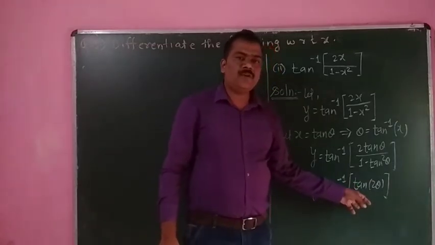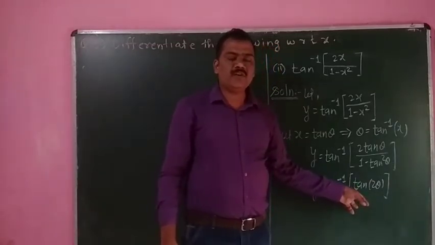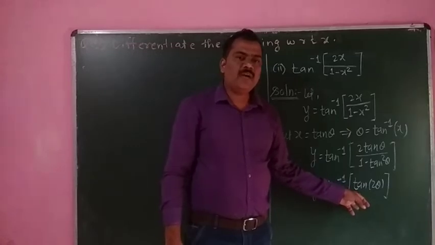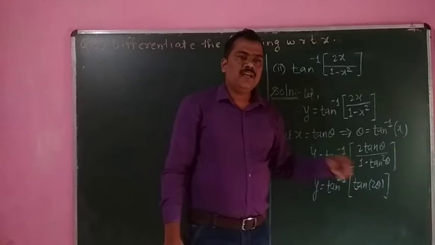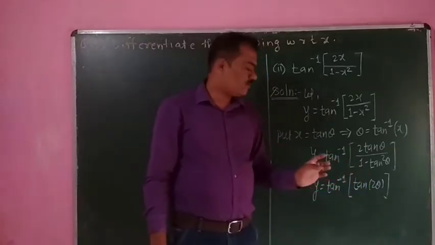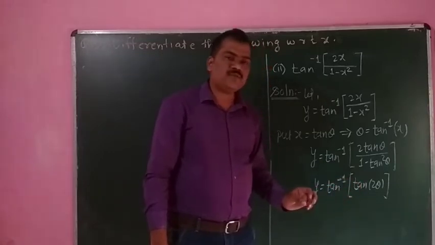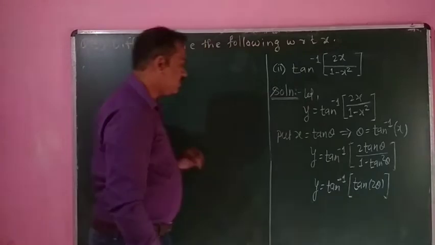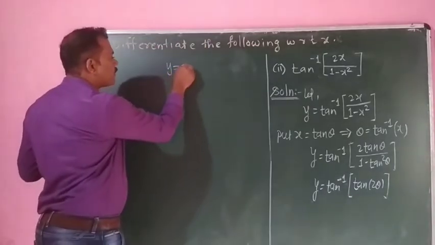With the help of the formula tan of a plus b is equal to tan a plus tan b divided by 1 minus tan a into tan b, using theta instead of a and b, we easily get this formula. Tan inverse of tan x, we know its value is x. Here we get 2 theta, so y is equal to 2 theta.